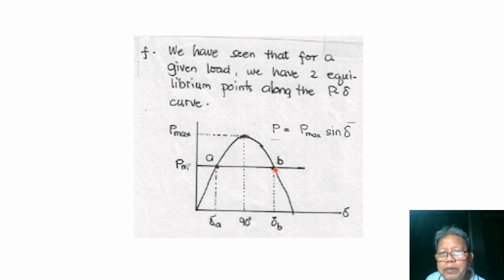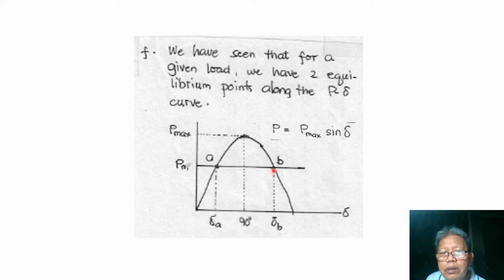So this point B is what we call the second equilibrium operating condition of our turbine generator. Our turbine generator can still operate normally at point B.